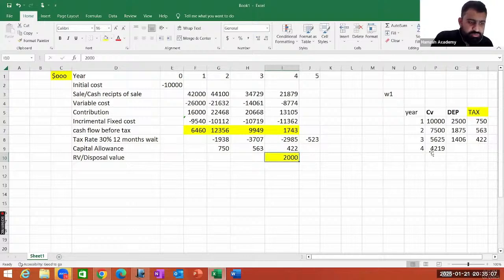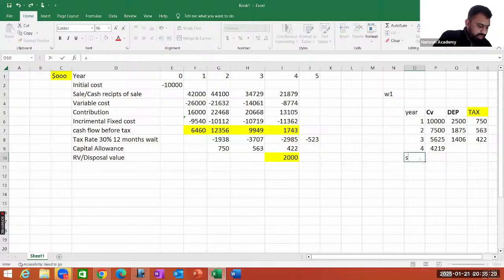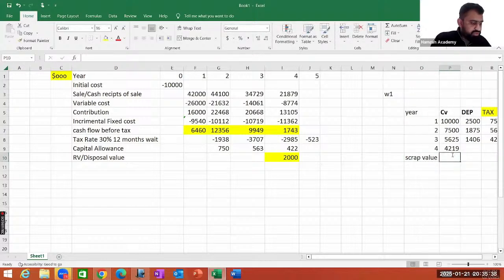But now in year four, when you are going to calculate the taxable depreciation, now in the last year, instead of calculating the taxable depreciation, we will calculate the gain or loss on disposal. Now, our scrap value of the project is 2,000 at the end of the fourth year.